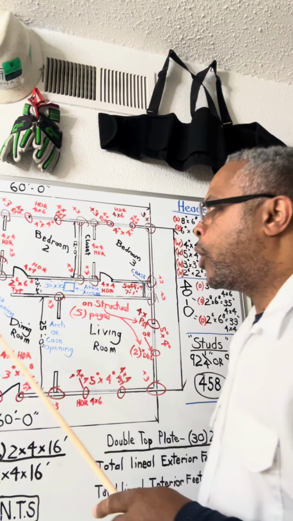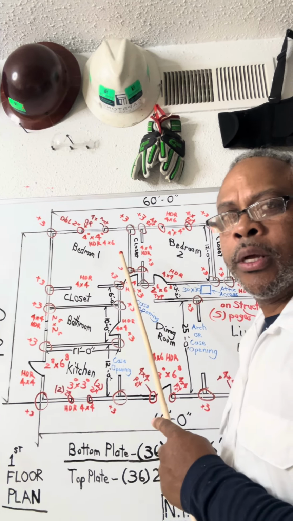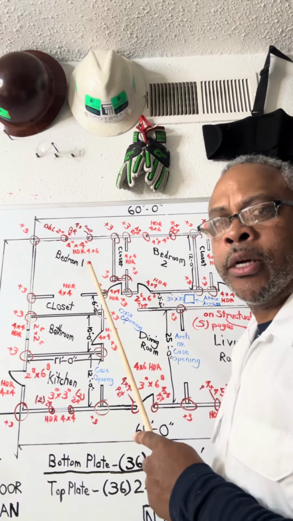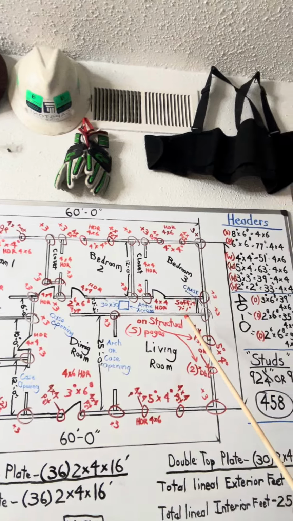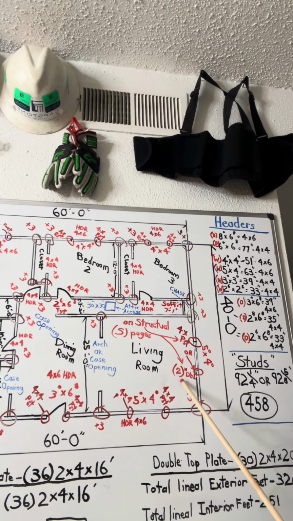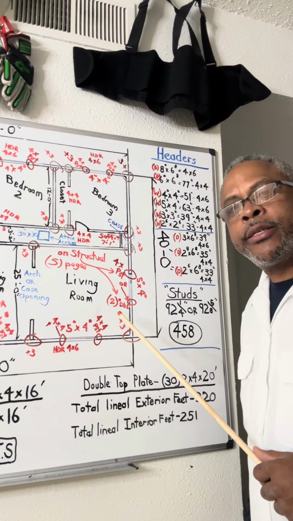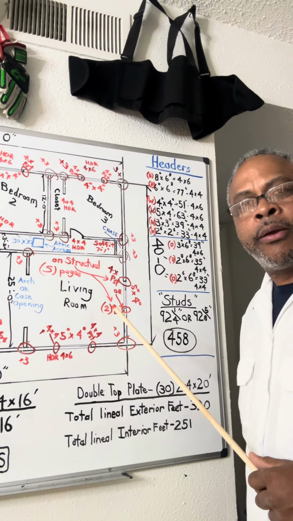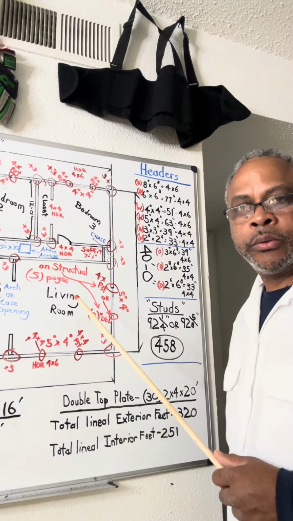This is what we need. We need to make sure that our king studs are 4x4s. In some cases, you may see a double 2x4 for your king stud, and that could be on the plans. I see a lot of 4x4s though.